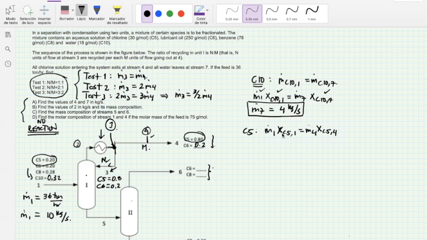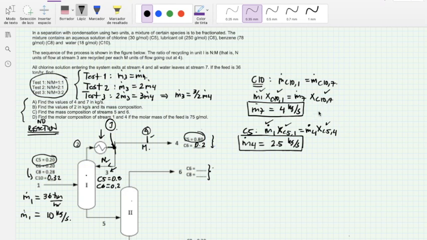I don't need to put all this information, but better to have more information than lacking information. With this, I'm going to get the mass flow at 4, which in this case is 2.5 kilograms per second, and you can check it because you have all the compositions.